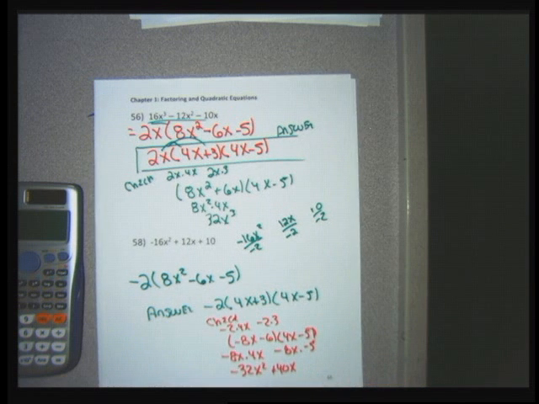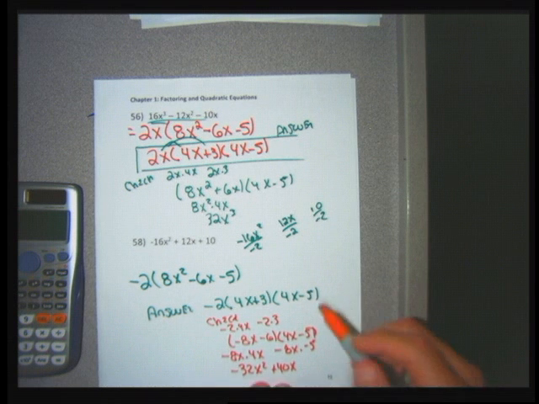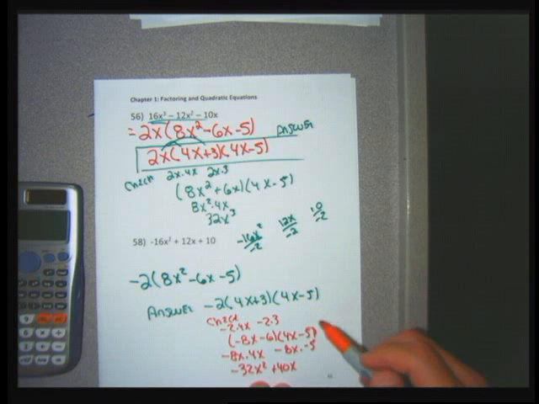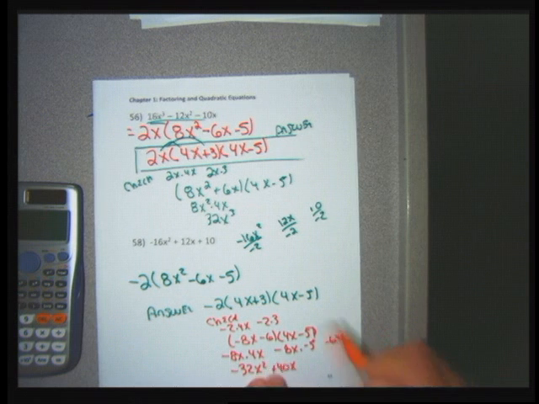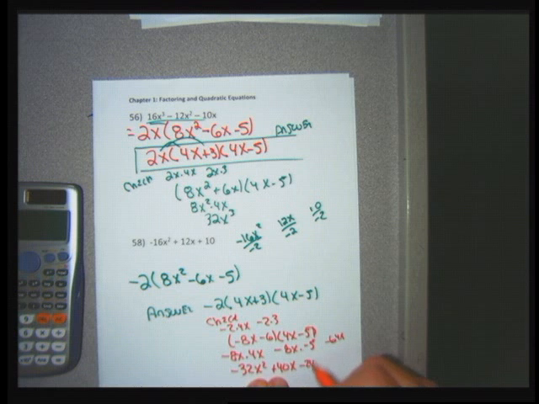Negative 8x minus 6, 4x minus 5. All right, keep going with this. I'm obviously fatiguing because I'm not seeing the math in my head that I normally see. Inners are negative 6 times 4x, which is negative 24x.